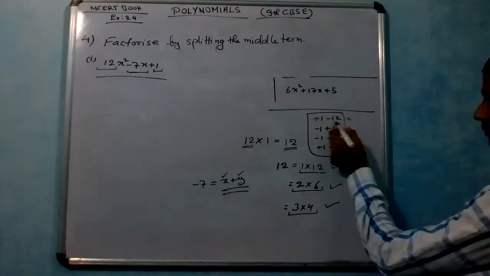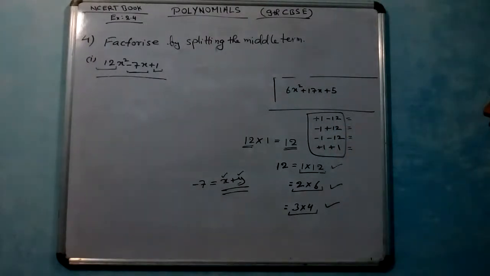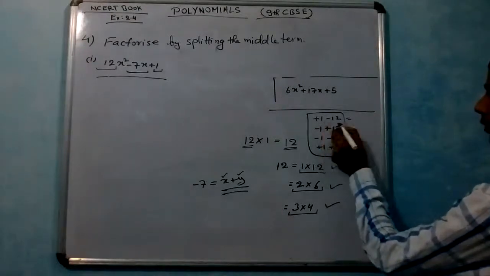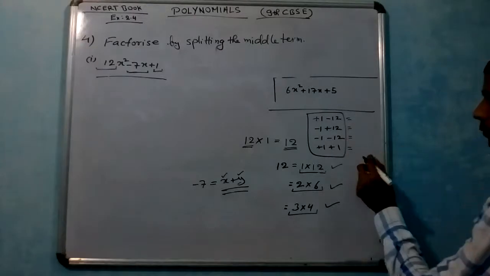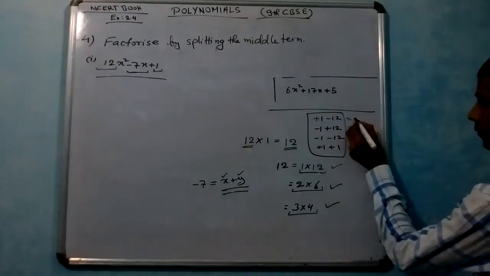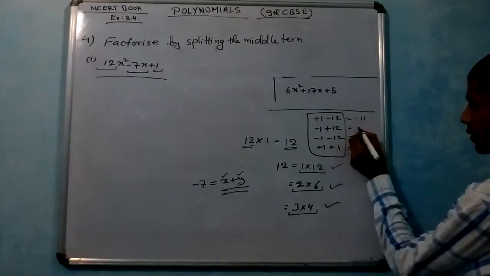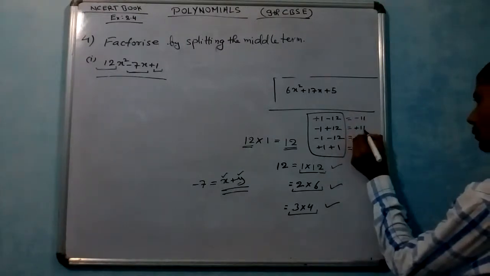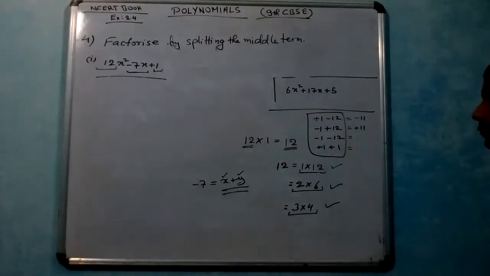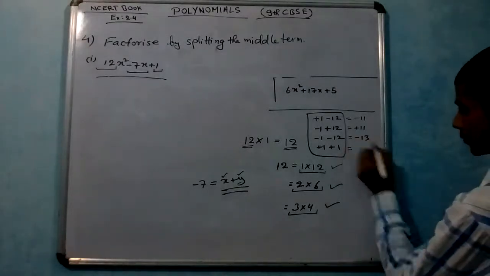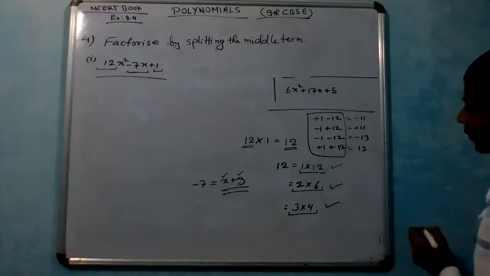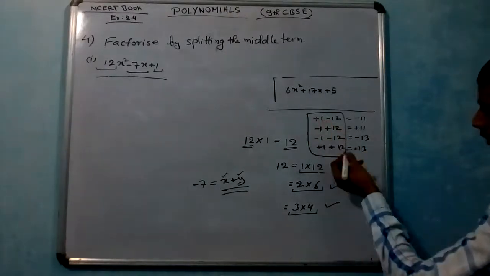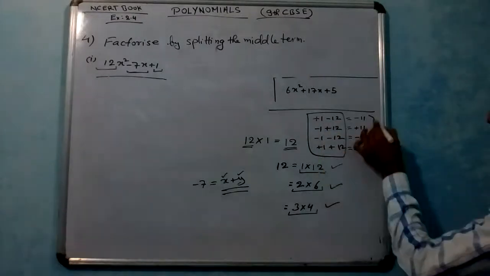No. We get minus 11, plus 11, and 13. So we changed all the possible signs, but we cannot get minus 7.